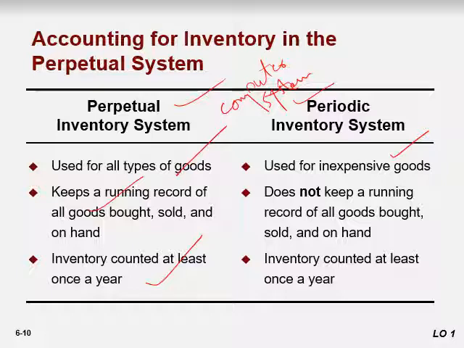So in the perpetual inventory system, software is needed because we are selling and we are updating at the same time, while in the periodic system you check the inventory on a periodic basis, right? After the closure of the business, or at the end of the week, or at the end of the month, or at least once a year, right?